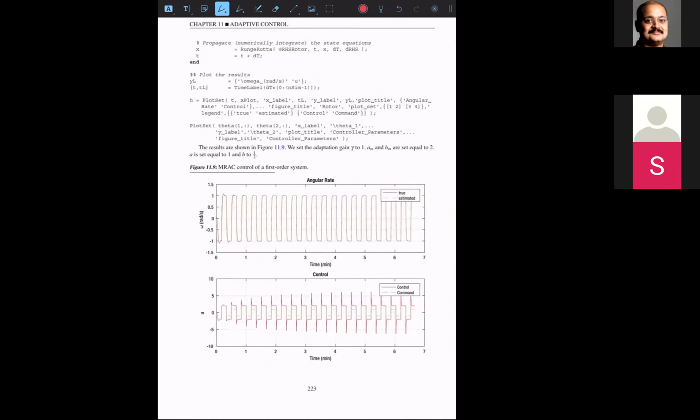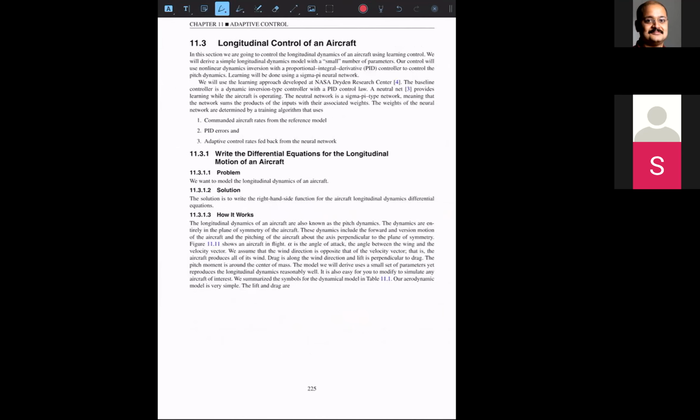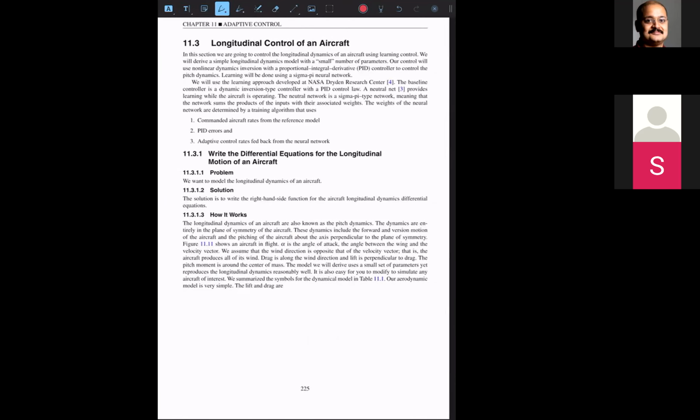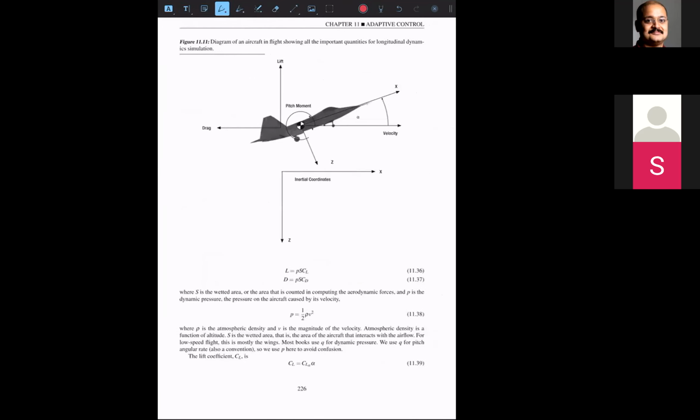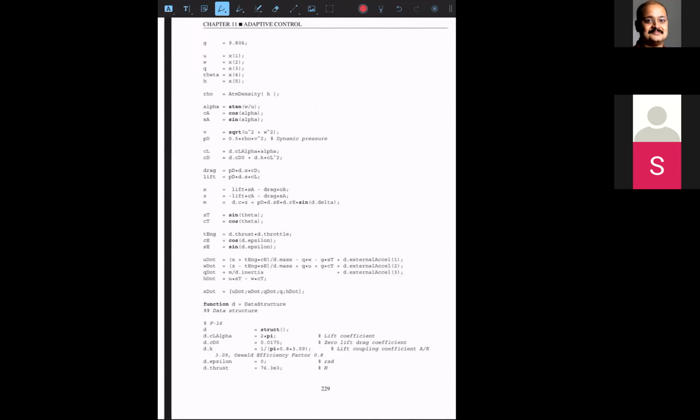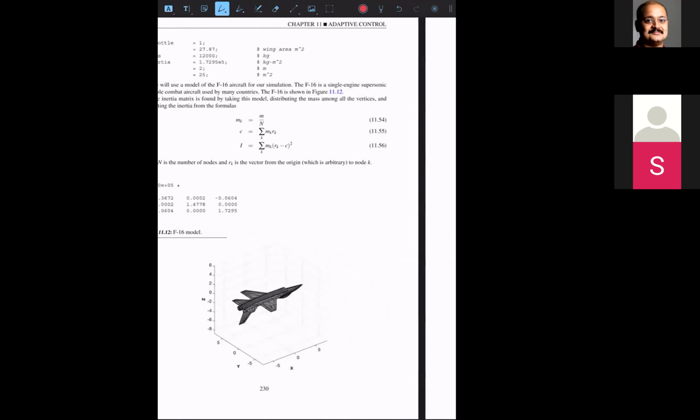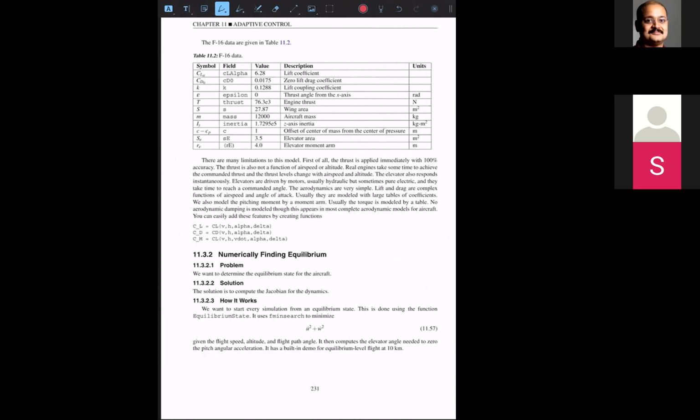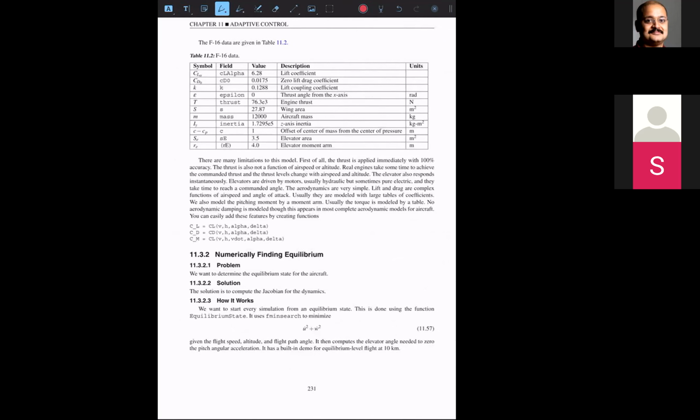There is an example for a rotor. Then this is my favorite example, which I would discuss, which is you have an aircraft, actual aircraft dynamics, and then you want to control the aircraft dynamics. You have to do some trimming, and how would you do this? And then how do you trim the aircraft?